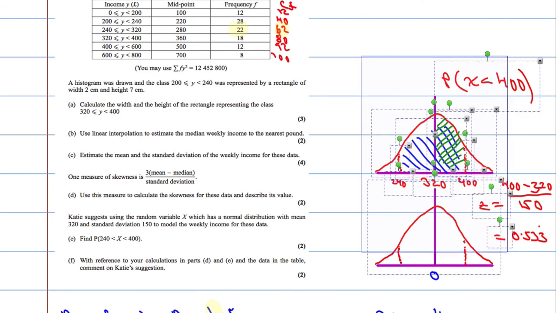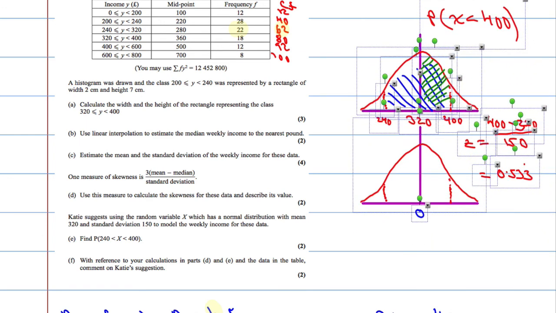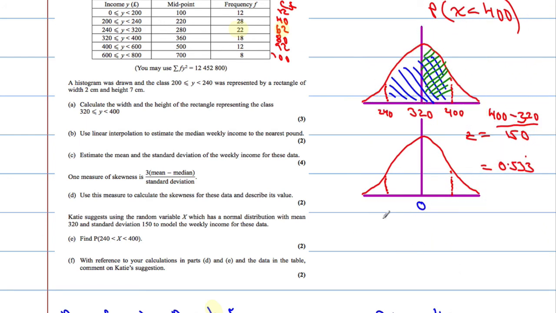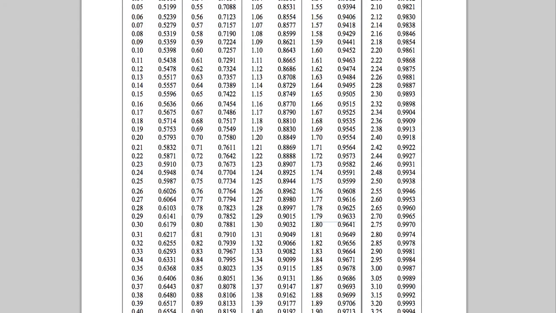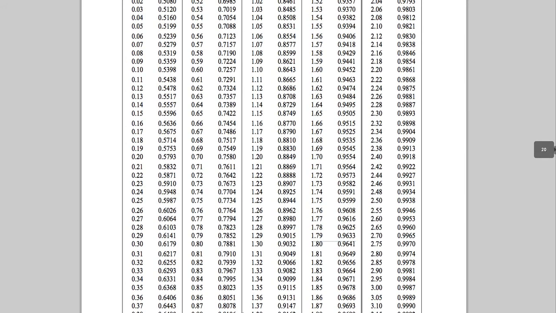Now make a bit more space here. Okay, so the probability that the standard normal is less than 0.53 recurring, we're going to need our tables. 0.533, we need to go up a little bit. There we go, 0.7019.